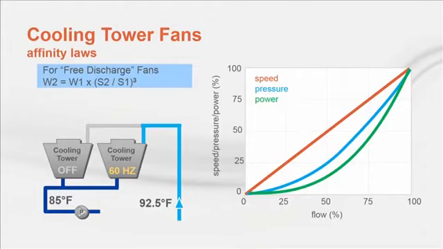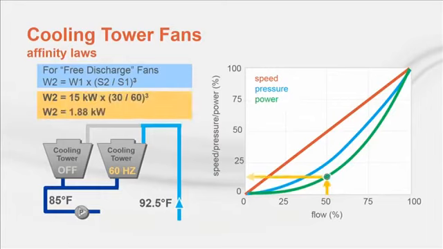What is the tower's power requirement here? Because as a system, the tower operating characteristics are the same as, or said another way, comply with the affinity laws. At 50% flow, it requires 25% fan pressure and consumes 12.5% power. Its fan power draw is now only 1.9 kW.